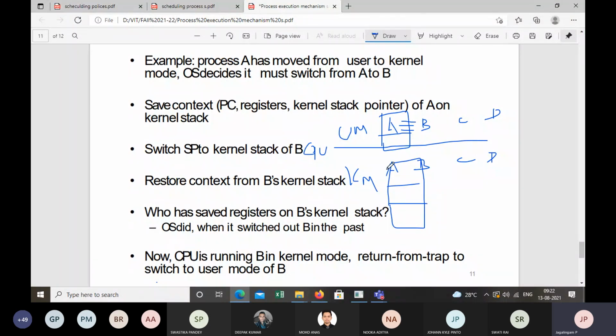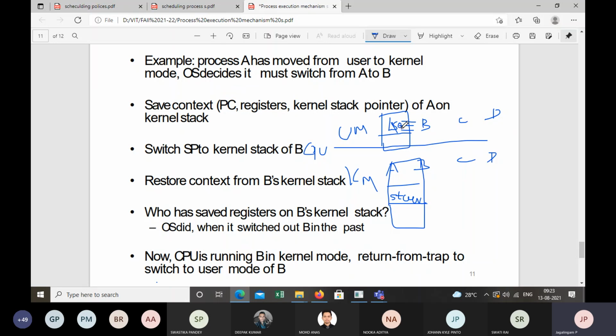In the kernel mode, for process A, you have a memory image, and in that memory image, you have a stack. Let's say that at line 50, the user has invoked a system call.